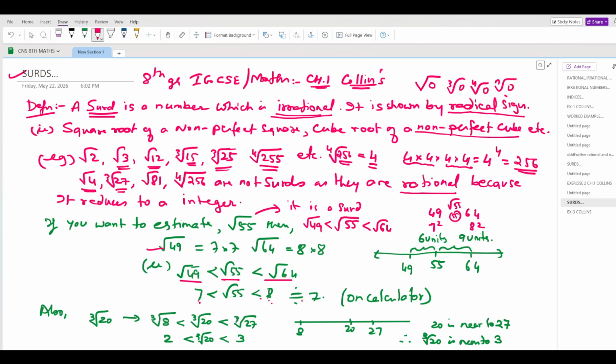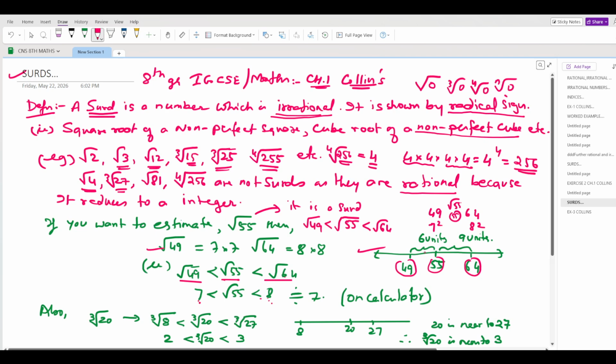But then between 7 and 8, how much? For that, you have to go to the number line and plot these three numbers under the square root sign, that is 49, 55, and 64. Can you see on this number line, I have plotted 49, 55, and 64. Now, what is the difference between 49 and 55?